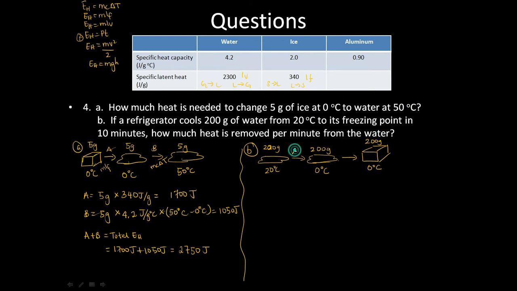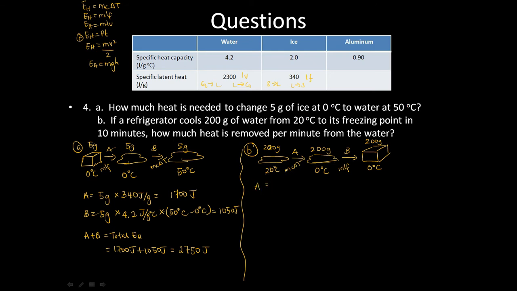So we have A and B, 2 arrows to look at. If we're going from this point to this point, we know there's a temperature change because we're going from 20 degrees to 0 degrees. So we're going to use MCAT. And if we're going from this point to this point, there is no temperature change, there's just a phase change from liquid to solid. So therefore we're going to use MLF because it's liquid to solid. Okay, so for A, I'm not going to use the equation, you're just going to have to imagine it.